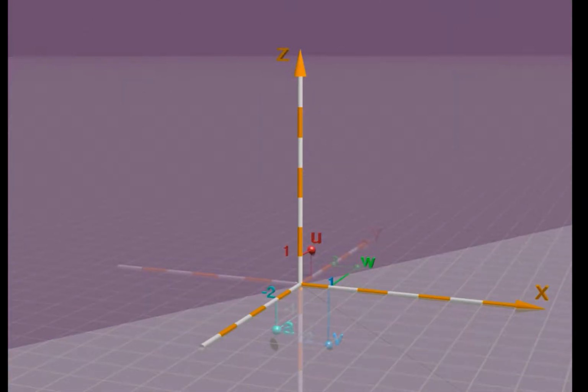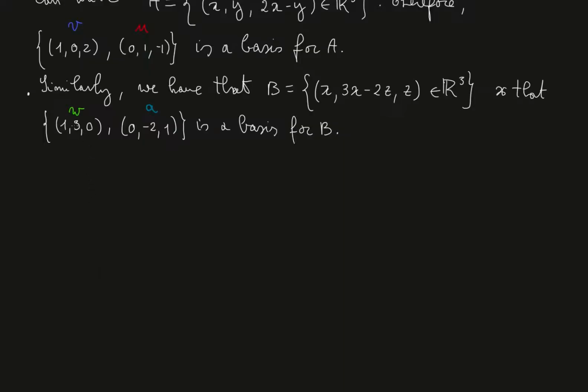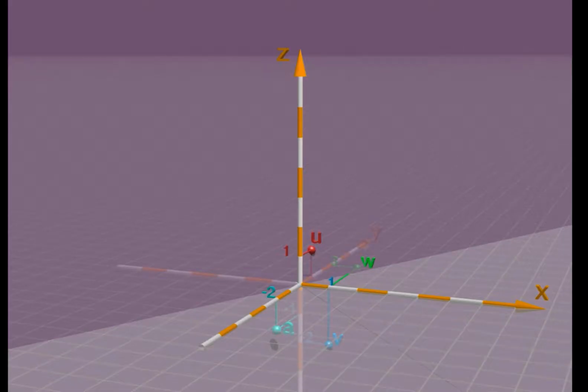Now let's see the other two vectors of the subvector space B, here denoted as A and W. So W is the first vector of the basis for B, which is (1, 3, 0), and A is the second vector, which is (0, -2, 1). What does the subvector space B look like?